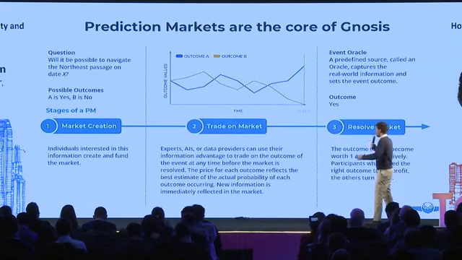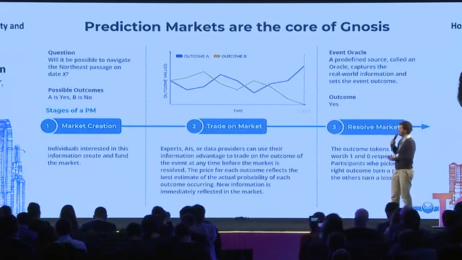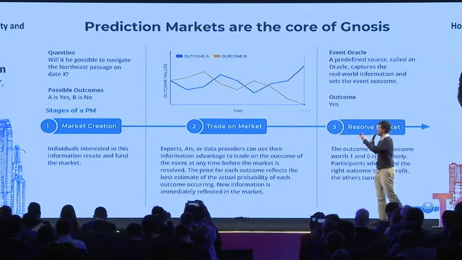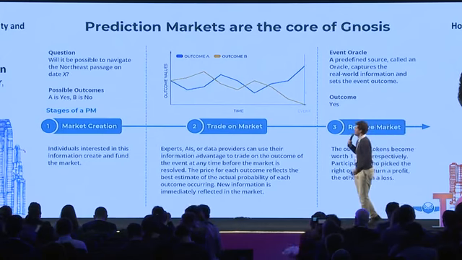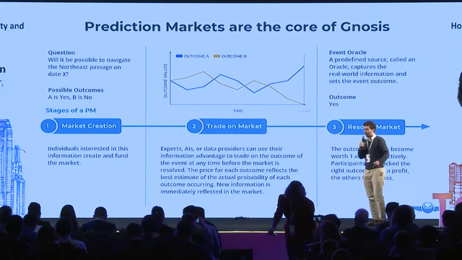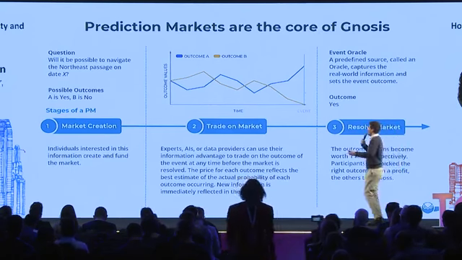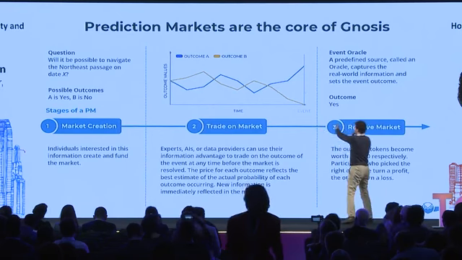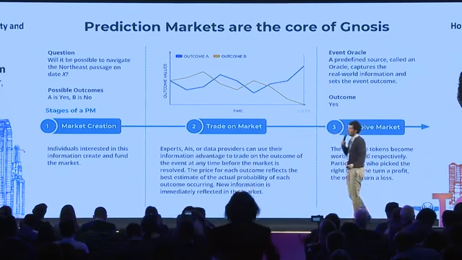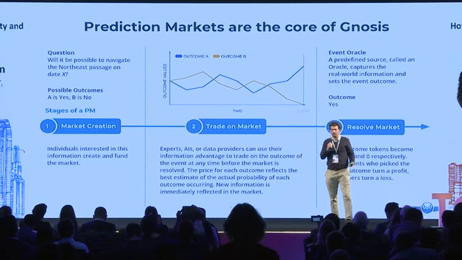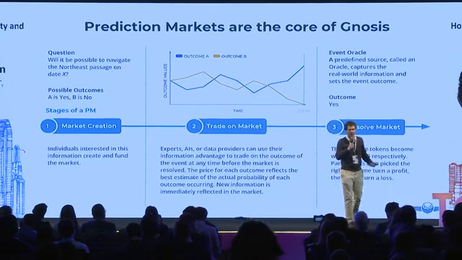Here is another example. The question in this case would be, will it be possible to navigate through the Northeast Passage? Is it ice-free? The outcomes are yes and no. Over time, you trade those tokens, and the market price of those tokens is the likelihood of that happening.